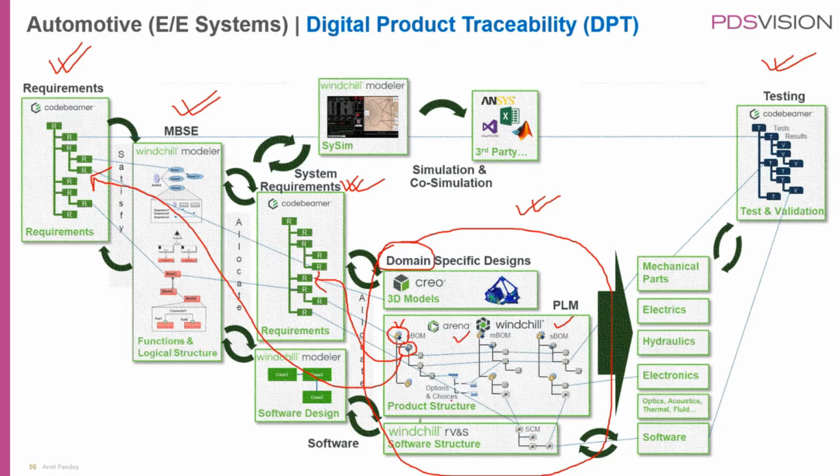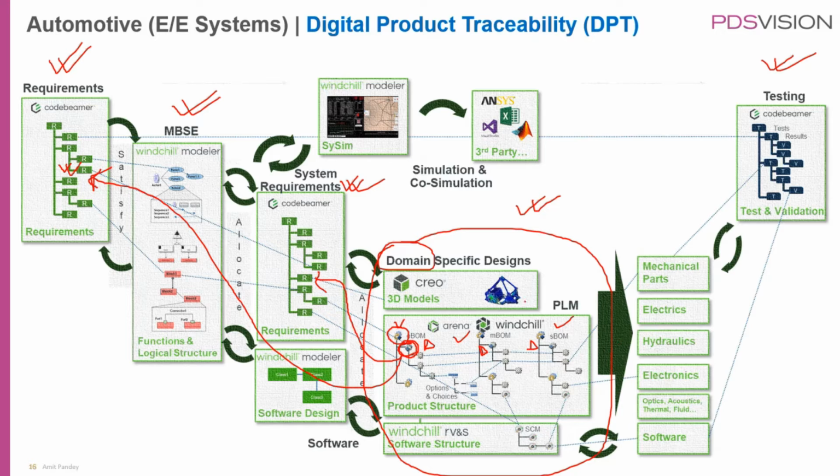But what we will see today is how this WT part in Windchill satisfies this requirement, and what happens when this requirement is changed upstream. Therefore, how does a suspect flag get created in Windchill so that the engineering team working on the engineering BOM can see this suspect flag and accordingly take some action, and then the manufacturing team will see a suspect flag on the manufacturing side, and the service team will see a suspect flag on the service side, and how these changes can be propagated.